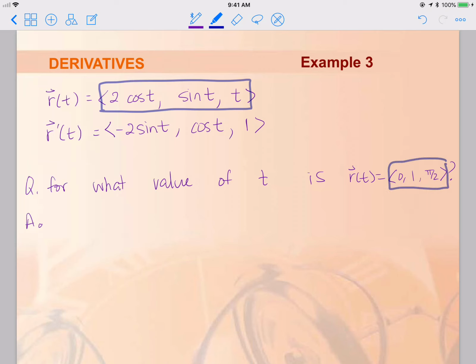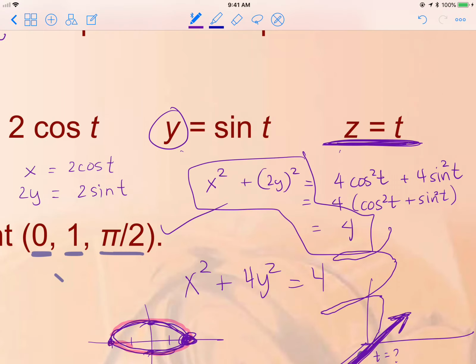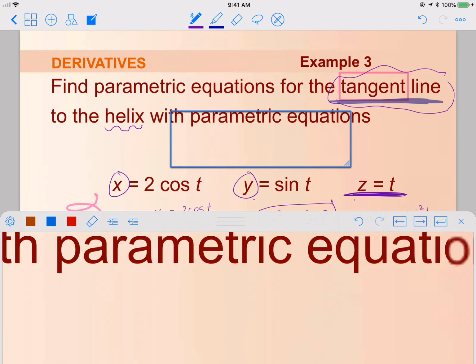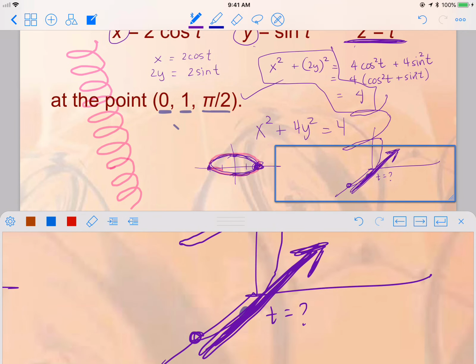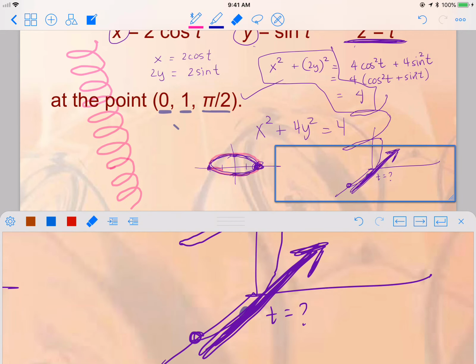We'll need 2 cosine t to equal 0, sine t should equal 1, and t should equal pi over 2. So this is easy, because that means t is equal to pi over 2. So back here, this is occurring at t equals pi over 2.